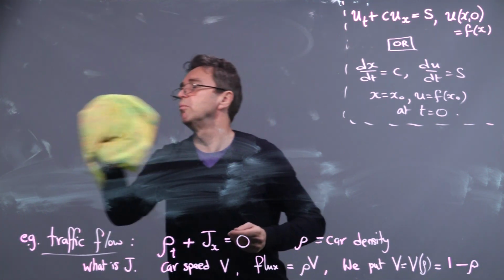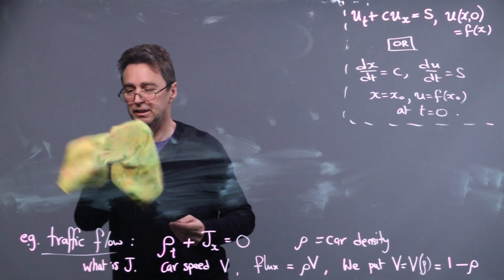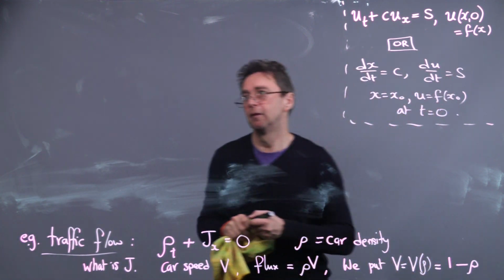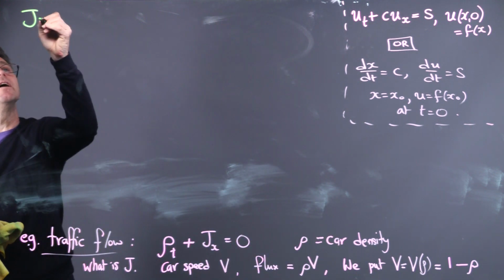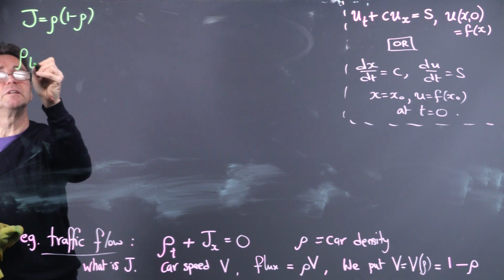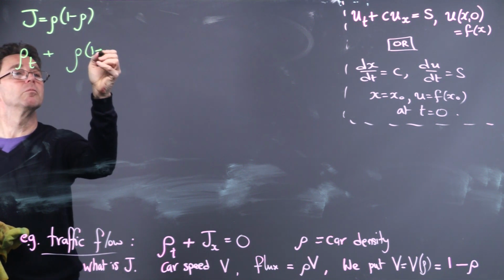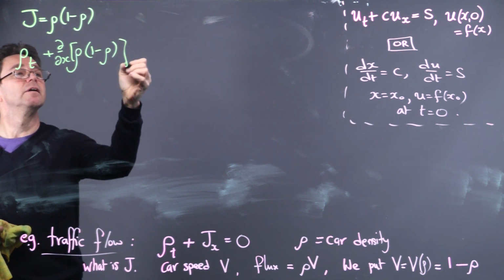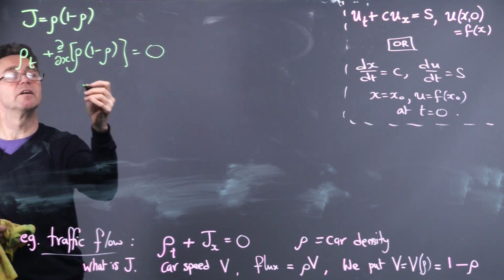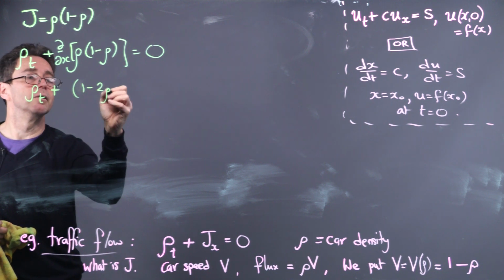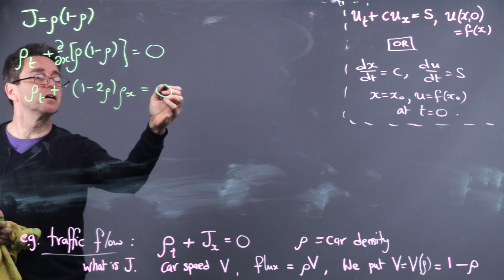Let's make it completely explicit so that we see what the differential form of the conservation law really looks like. So J is rho 1 minus rho, so rho t plus rho 1 minus rho d by dx is 0. That's J, right? So this is rho t plus 1 minus 2 rho x is 0.